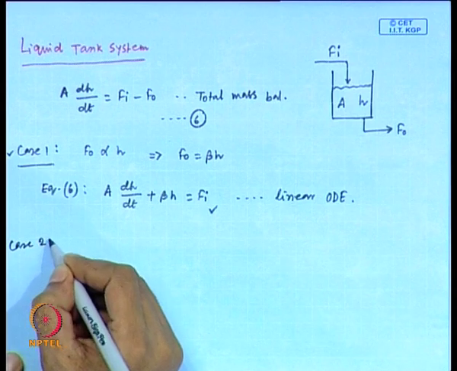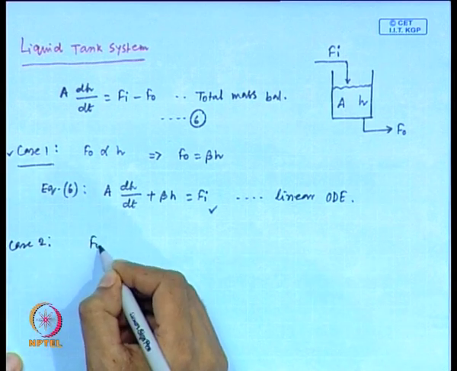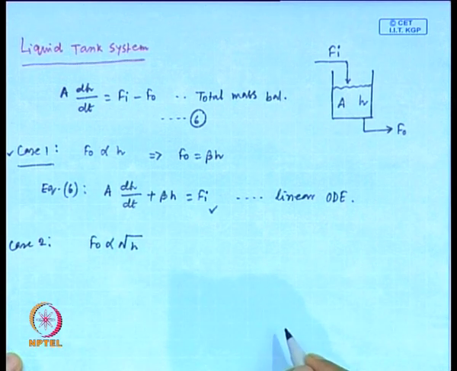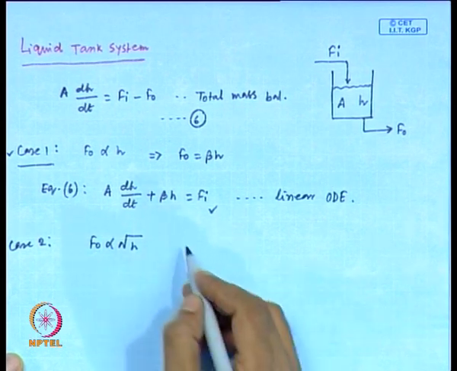In another case, we will consider F naught is proportional to root H. F naught is proportional to the square root of the liquid height in the tank.